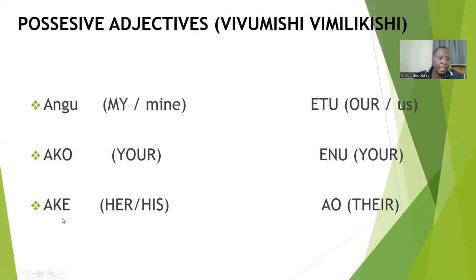Then there is ake, which is her or his. Then there is ao, which means their.